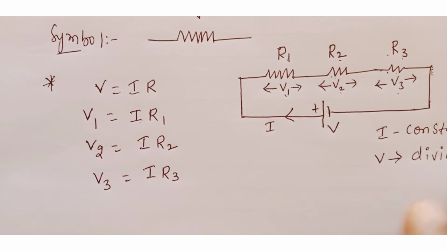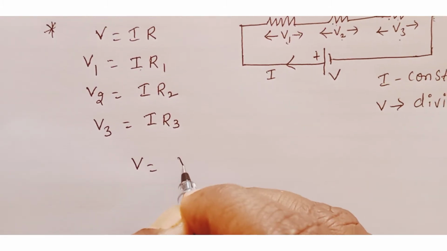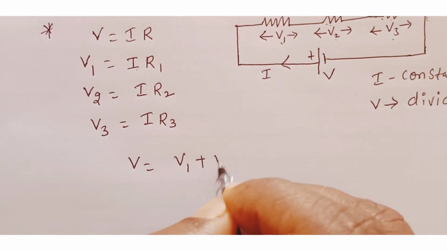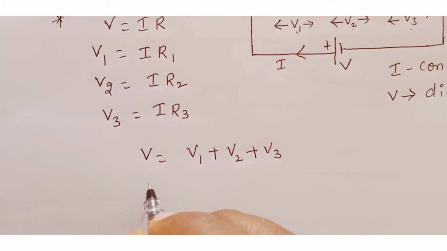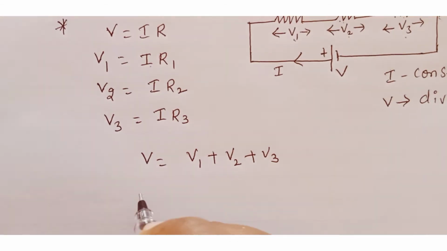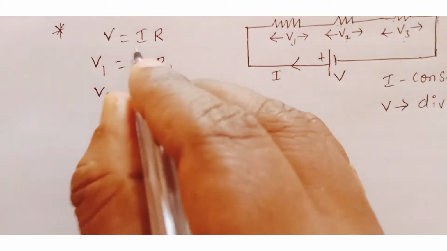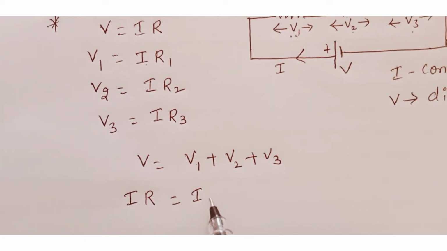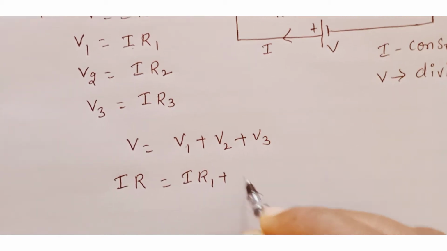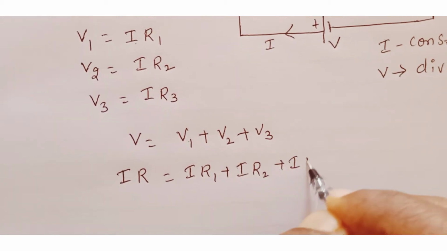Now the total potential of the battery is divided into three parts, V1, V2 and V3. According to Ohm's law V equal to IR, the potential drop across the first resistor is IR1, the second resistor is IR2 and the third resistor is IR3.